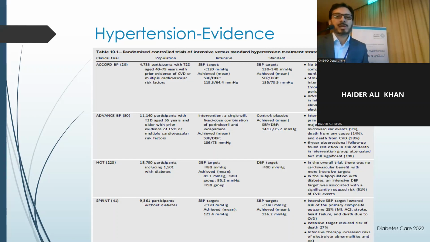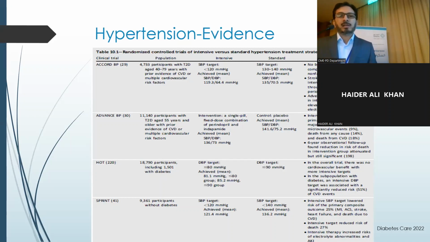In the ADVANCE BP trial, they used a single combination pill, and they achieved a blood pressure of 136/73, which is slightly above the ACCORD blood pressure, compared with a blood pressure of 141/75 in the placebo group, and it showed a reduction in microvascular events of 9%, death from any cause 14%, and death from CVD about 18%.